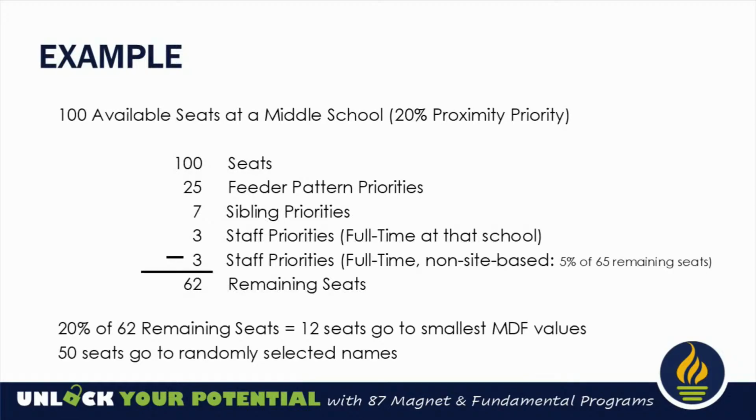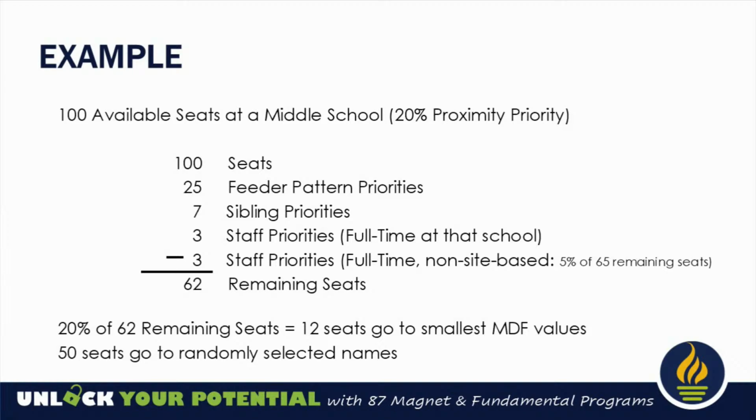Here's an example. So let's say that there were 100 available seats at a middle school that has 20% proximity priority. 25 of those went to feeder pattern priorities, 7 went to sibling priorities, 3 went to staff, full-time employees at that school whose students were applying to attend, and then staff priorities at the bottom there.